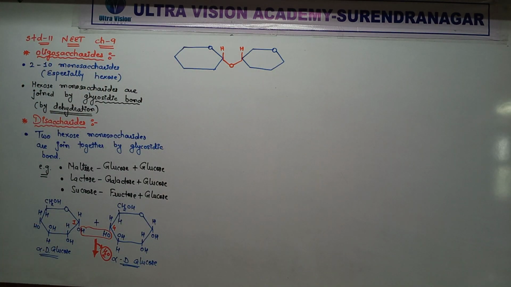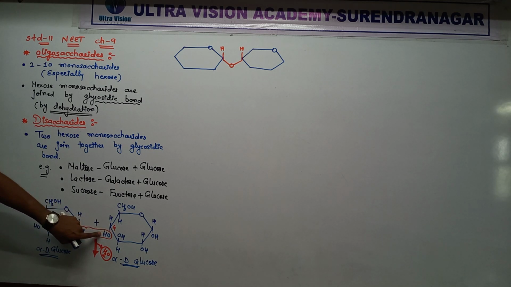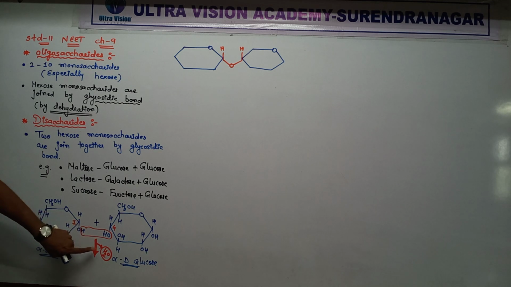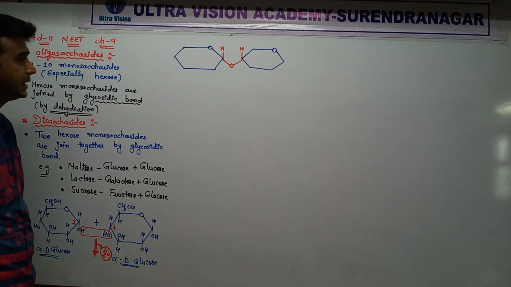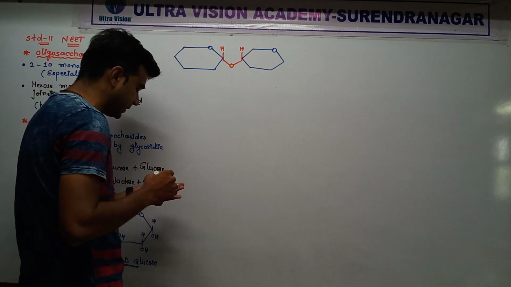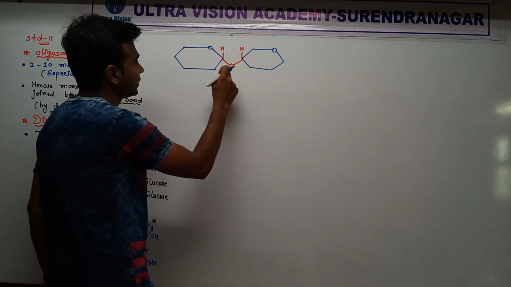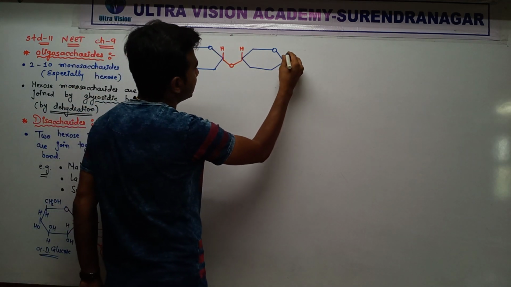Fine. So here from the first carbon an H or OH group and from the fourth carbon an H or OH group are released in such a way that a water molecule is released. So this bond is known as the glycosidic bond. Fine. Later on I can label it.